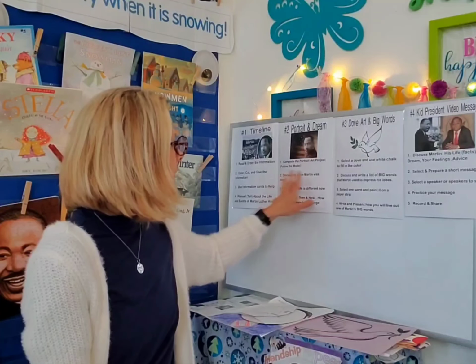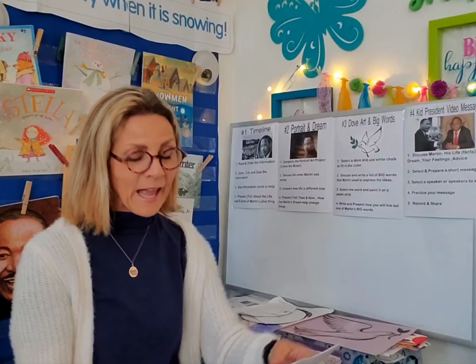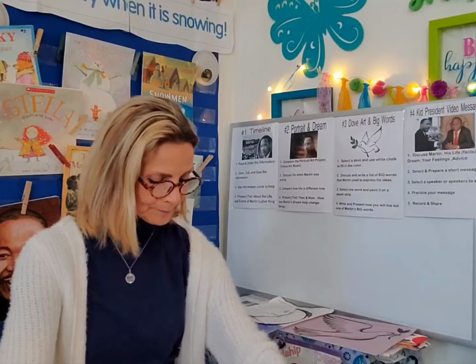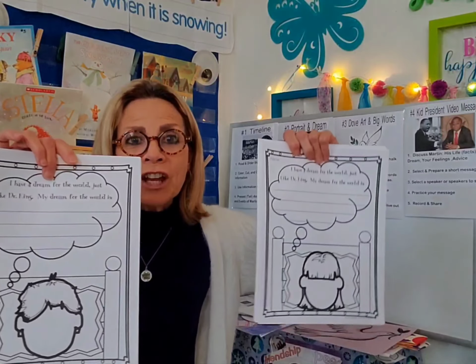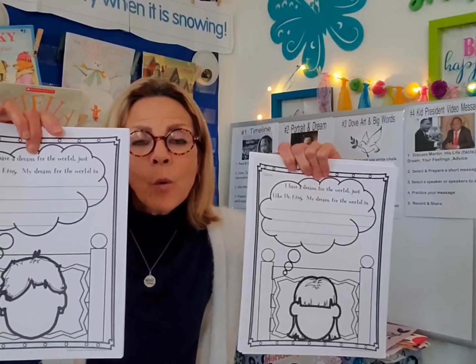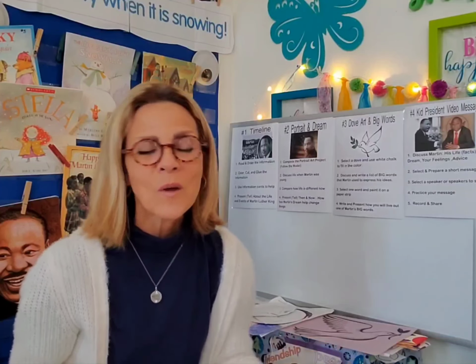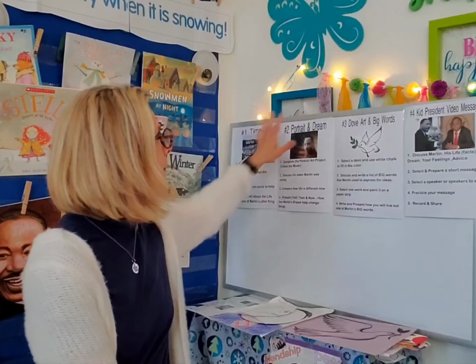And then it says, just talk about how he helped to change things in our country. And then finally, the dream part, they can just share their dream for today, how they would help, how they would like to see people get along, what they would like to see. So that would be portrait and dream.